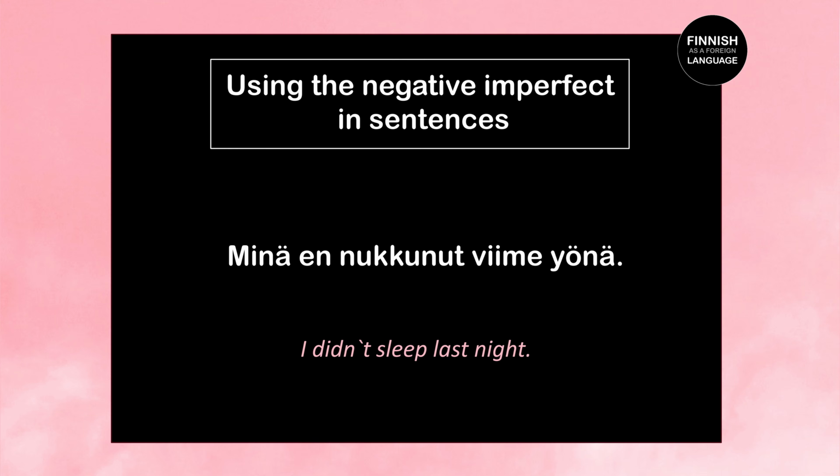Minä en nukkunut means I didn't sleep. It's the first person singular negative imperfect of the verb nukkua, which means to sleep, and viime yönä means last night. So let's repeat. Minä en nukkunut viime yönä. I didn't sleep last night.